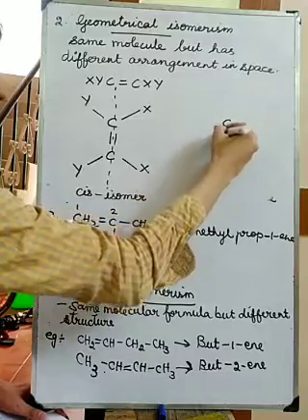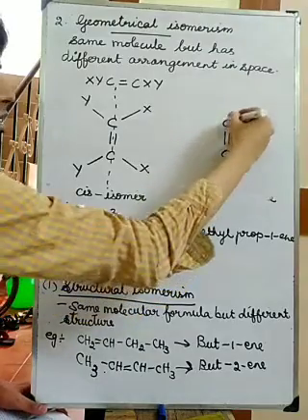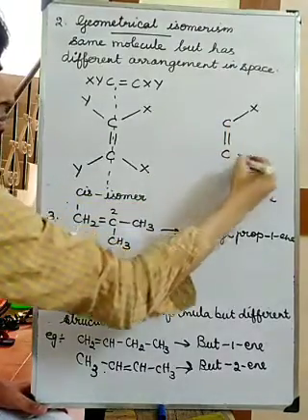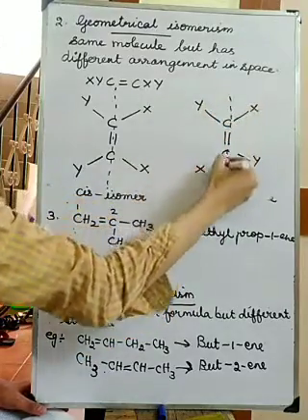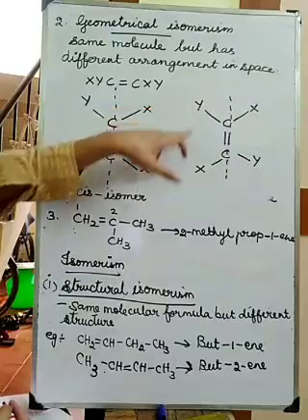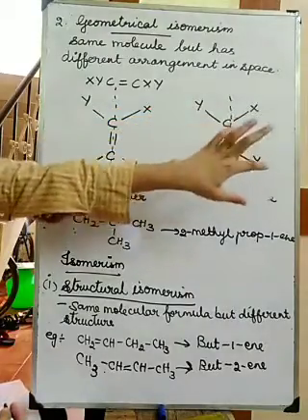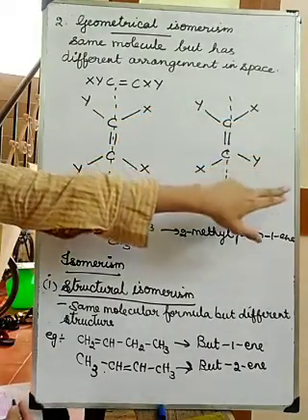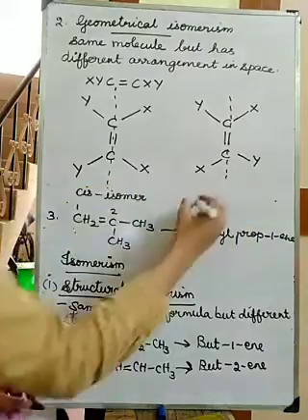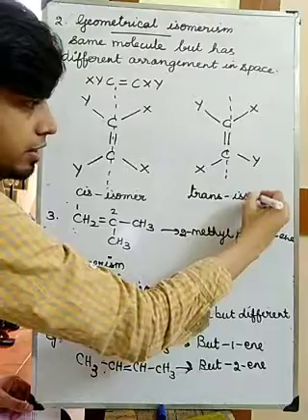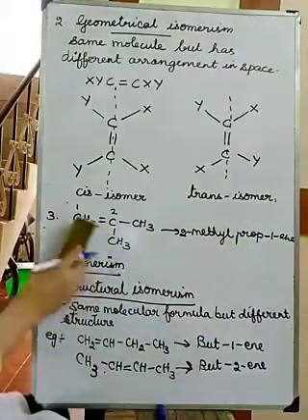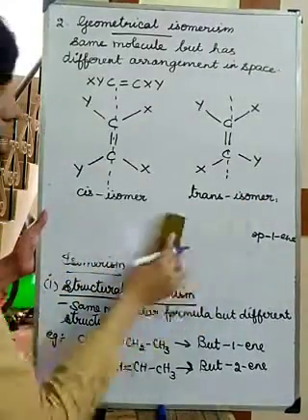Suppose I draw this like this. Now you divide and see, X and Y, different groups, are in the same side. So if it is like this, we will call it the trans isomer.